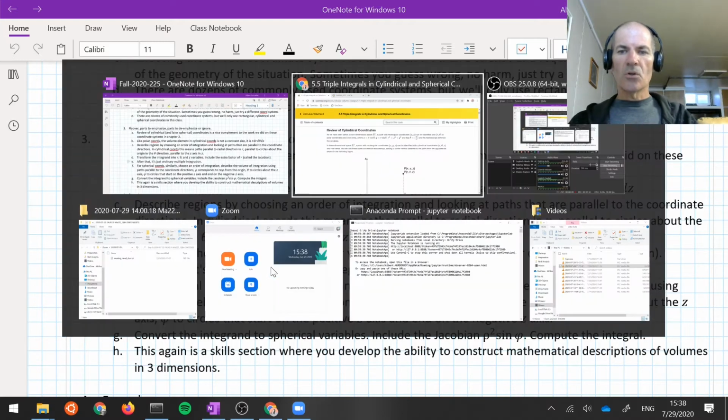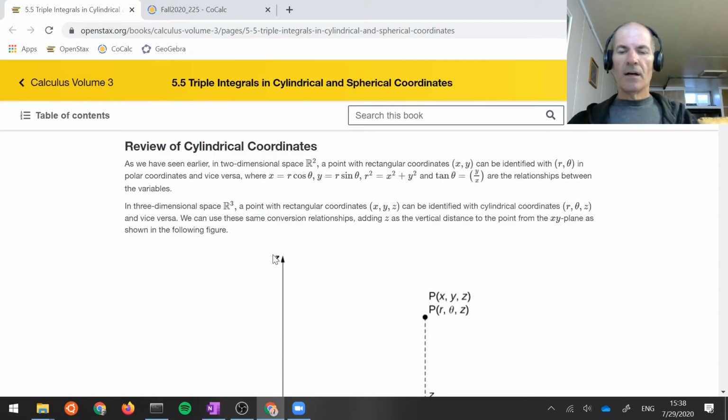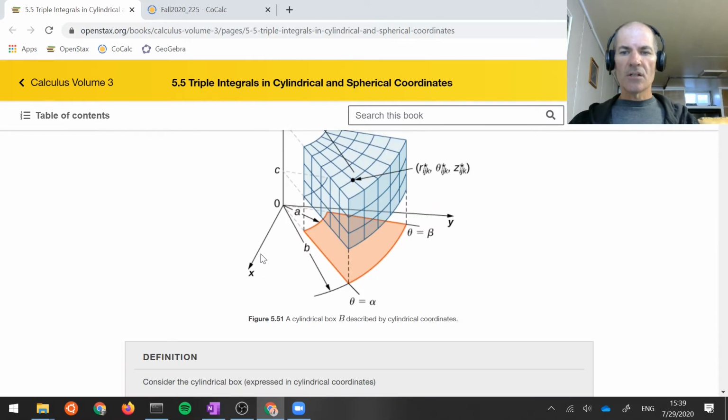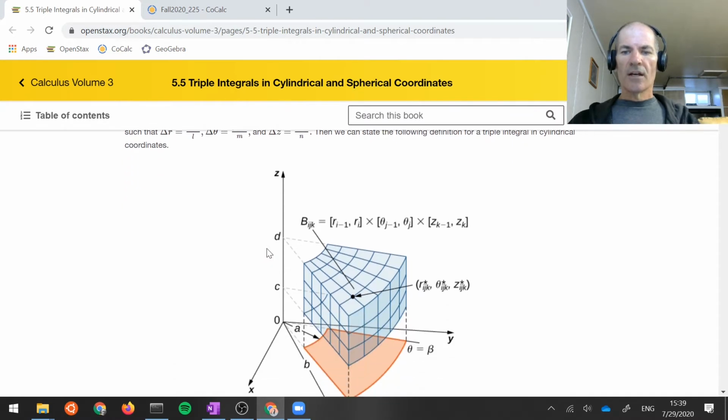In cylindrical coordinates, for example, in rectangular coordinates, we were summing up little boxes, little cubes, and each of those little cubes was essentially the same size, no matter where you were. In cylindrical coordinates, we're still summing up little cube-like objects. We're still dicing up our region of integration.